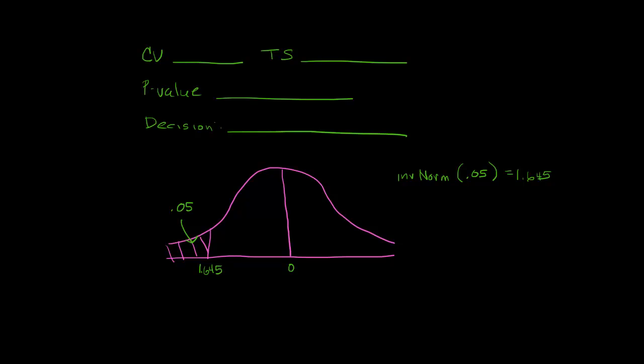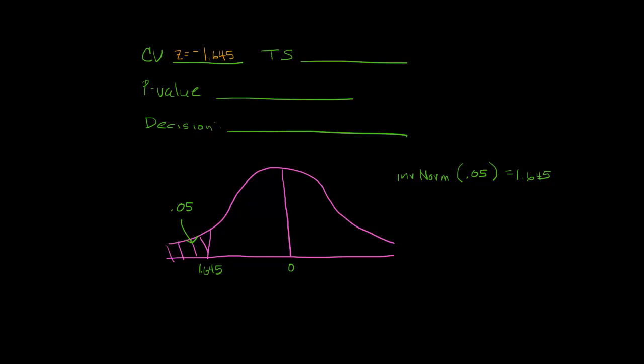And I'll change my color and put it up here. So our critical value is a z of negative 1.645. And of course we were expecting a negative z since we knew we had a left-tailed test.